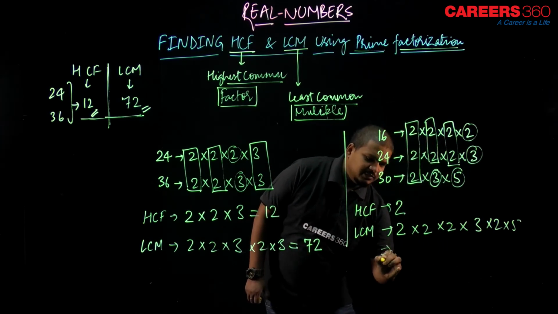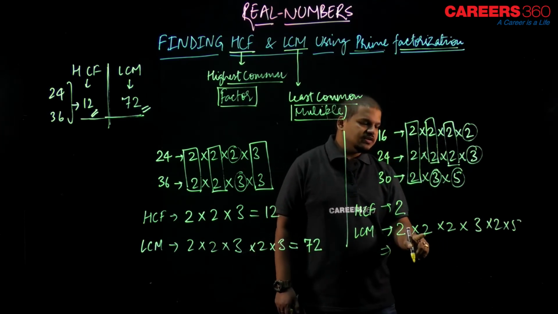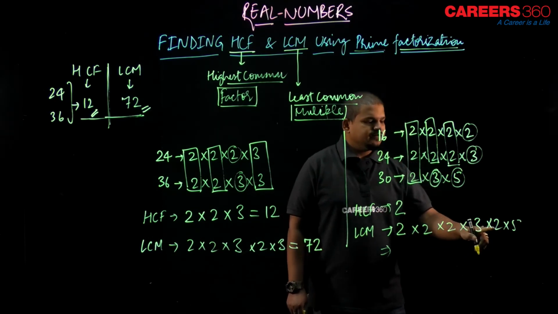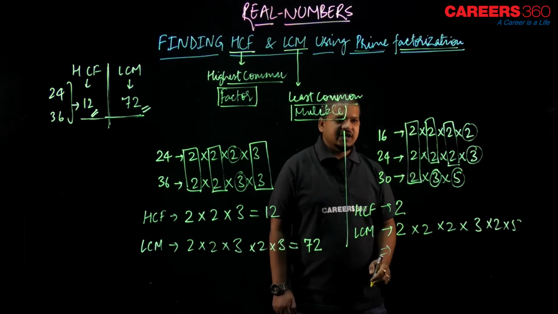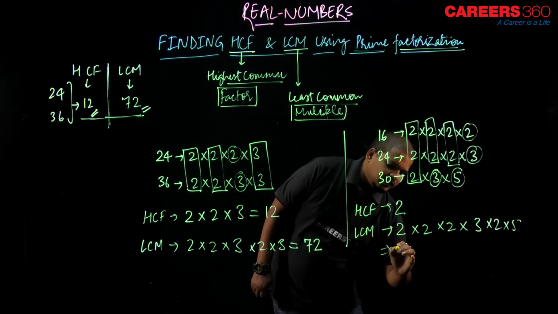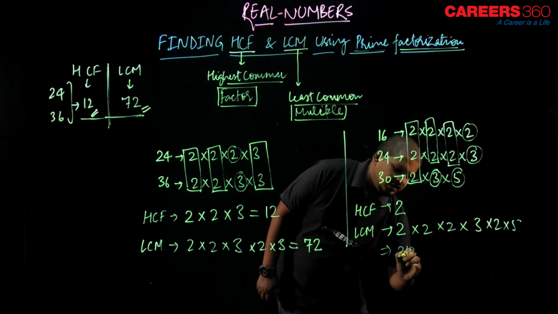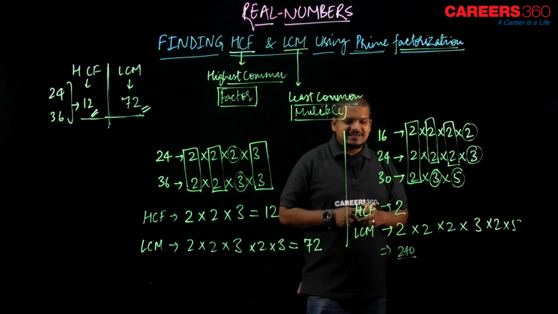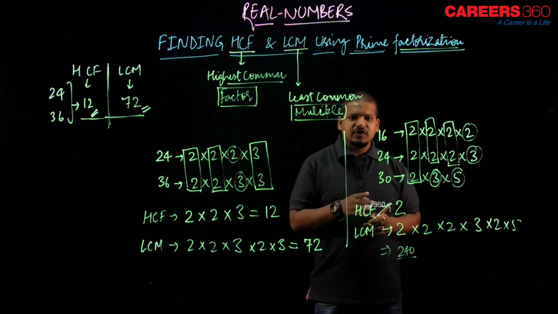So 2 2s are 4, 4 6s are 24, 24 2s are 48, 48 5s are 240, right? So that is the LCM of the given numbers.